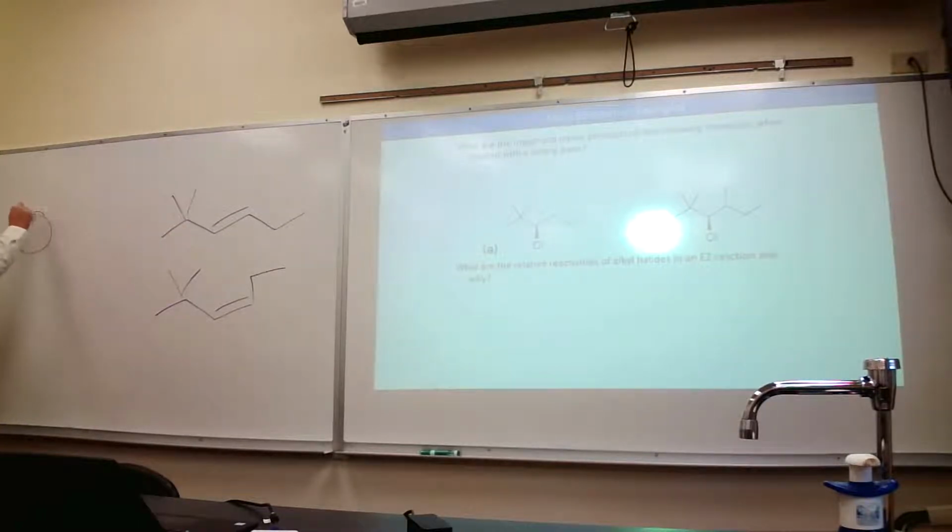If we start from the Newman projection of our compounds. No, sorry, I looked at it the wrong way. We have a t-butyl group going straight up, and the hydrogen down to the left.